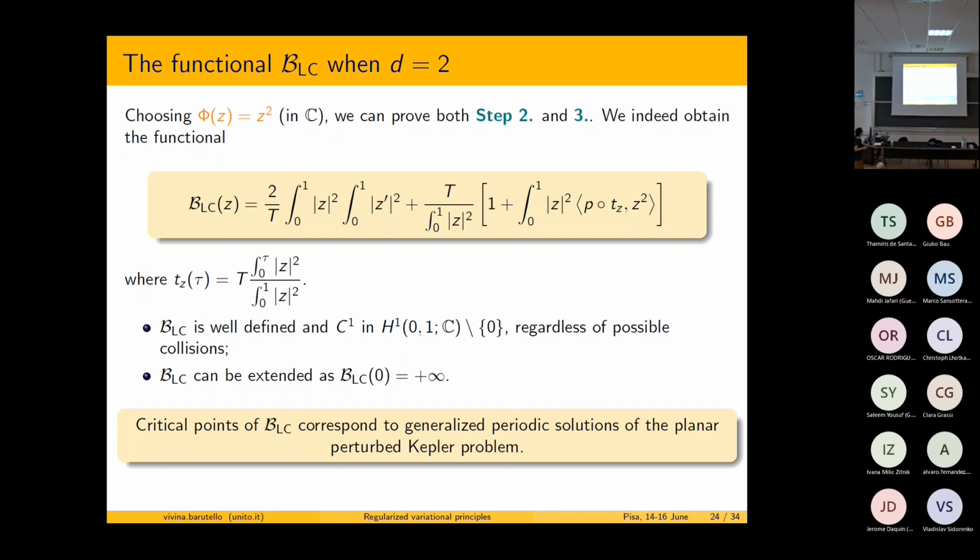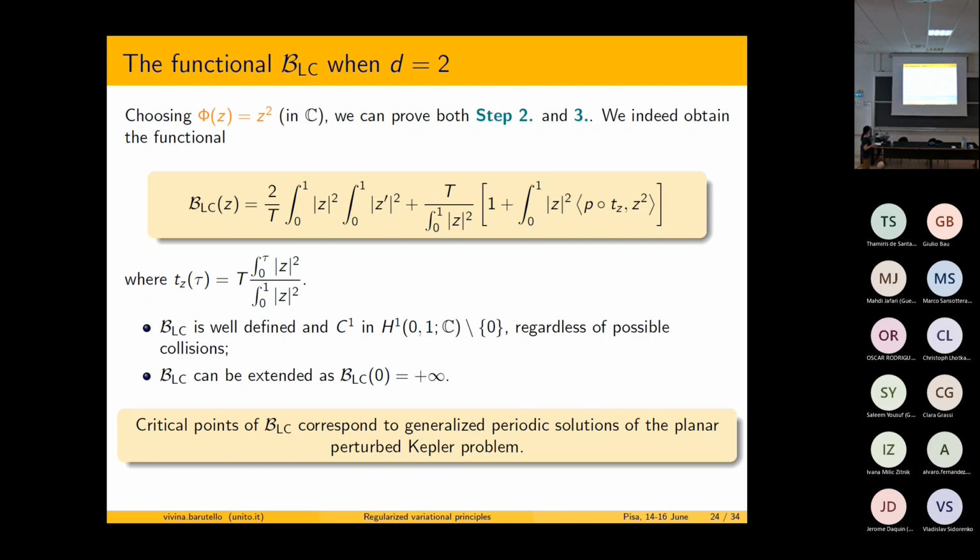It is a very nice functional because these are the L2 norms. You have an L2 norm at the denominator, so that B is not defined on the zero loop. And then you have another part here that is not so bad. Okay, it's not so bad.